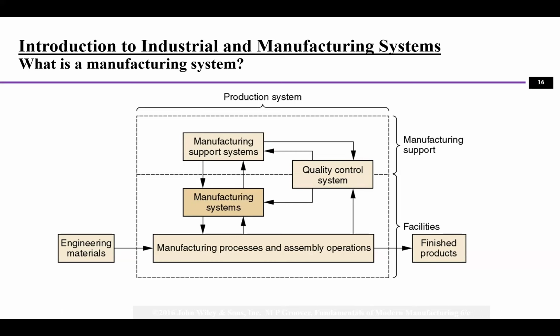How do you do facility planning? How do you control the quality? All of those things are actually to make this manufacturing system efficient, and also operations in a good state.